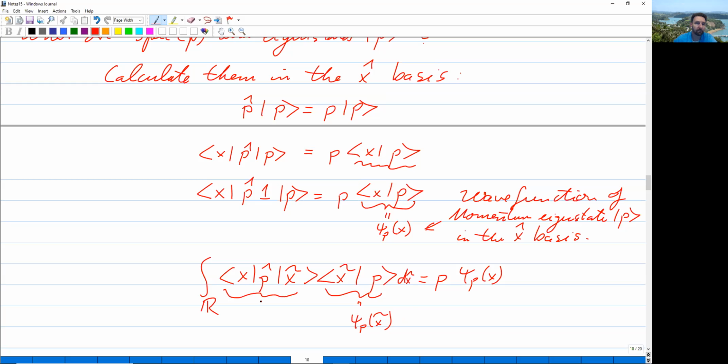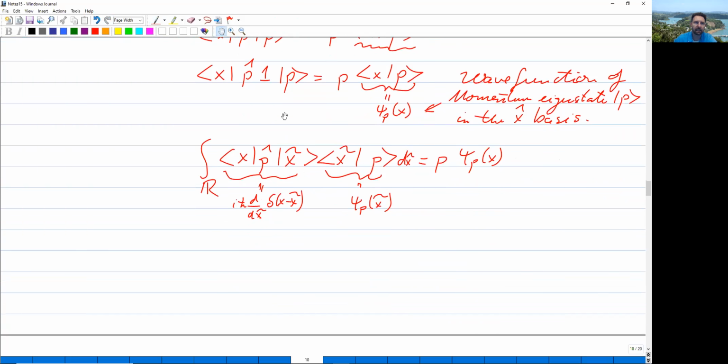Okay, and this matrix element or integral kernel, we know what it is. It's i h bar d by dx tilde of delta of x minus x tilde, right? So what do we obtain here?